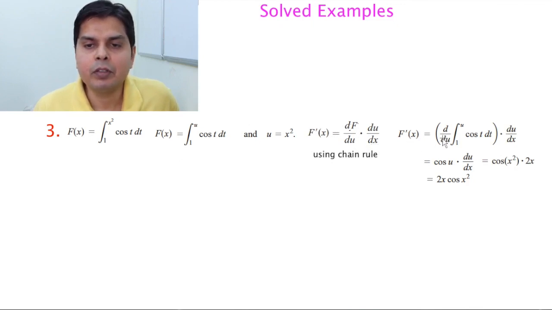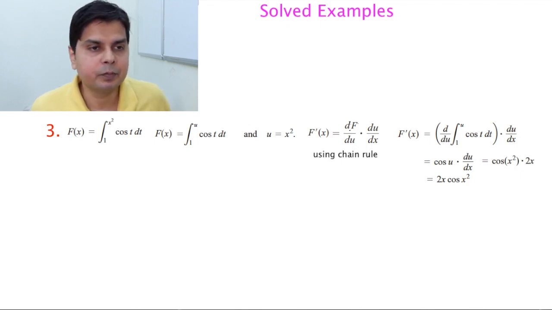Differentiation with respect to u of the integral from 1 to u of cos t dt, using the fundamental theorem of calculus, will become cos u. Now what is du by dx? It is 2x, so it will become 2x cos x square. This is also very simple. I have just used the chain rule and the method of substitution, because my upper limit was not x, it was x square, and this is a function of x.